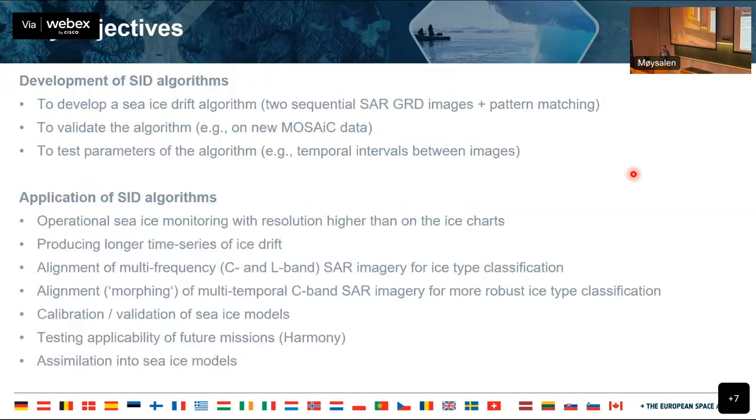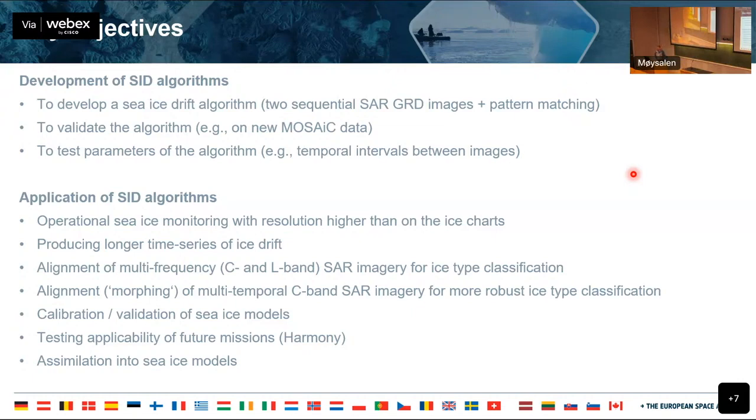So the key objectives of the CI's drift from SAR. First, it is to develop a CI's drift algorithm. And unlike all previous presentations, in CI's, the SAR is used much more empirically and less theoretically. So all the algorithms are, in a way, image processing algorithms rather than signal processing algorithms.